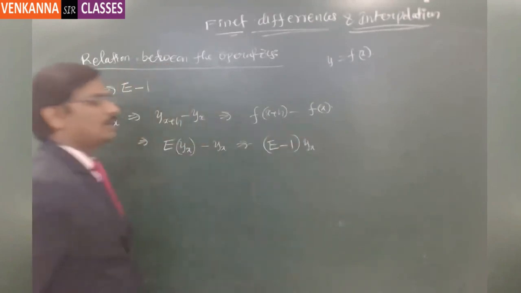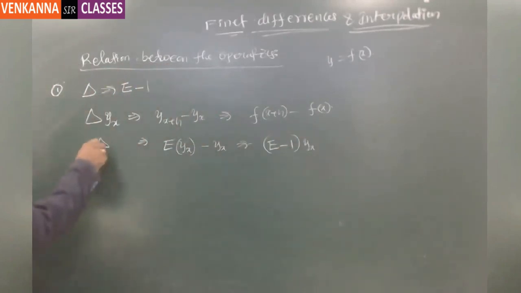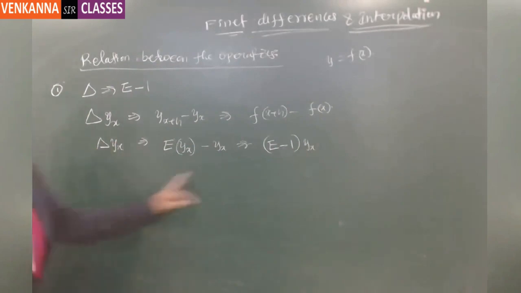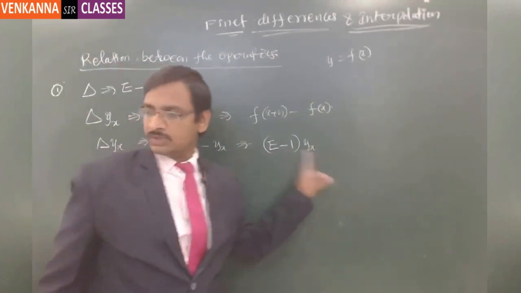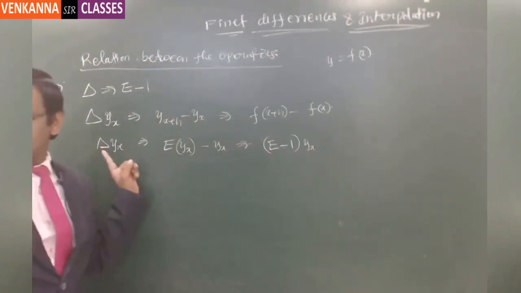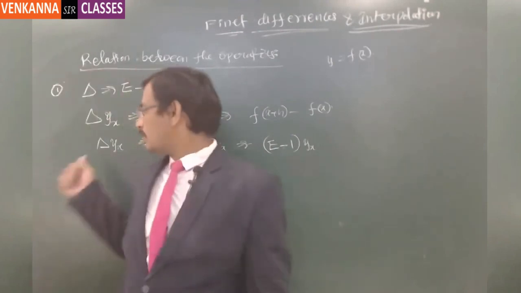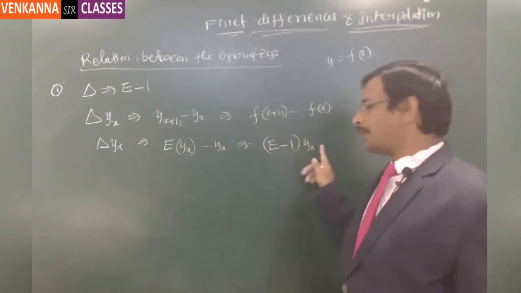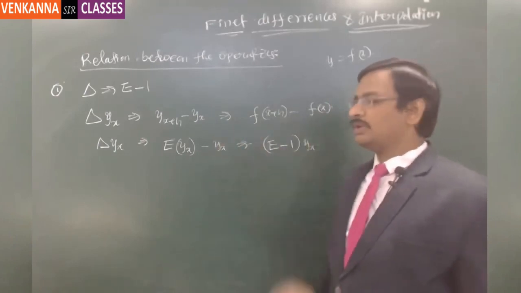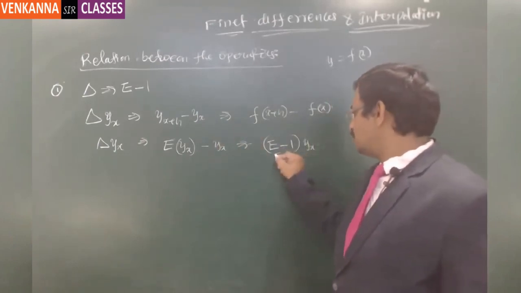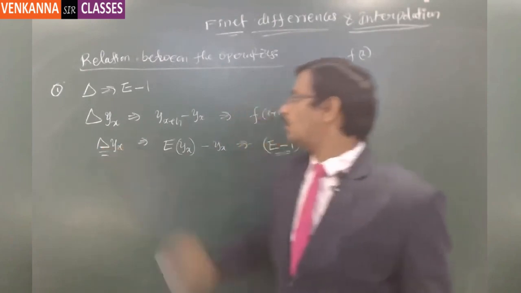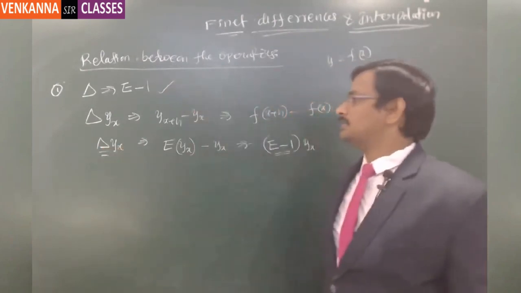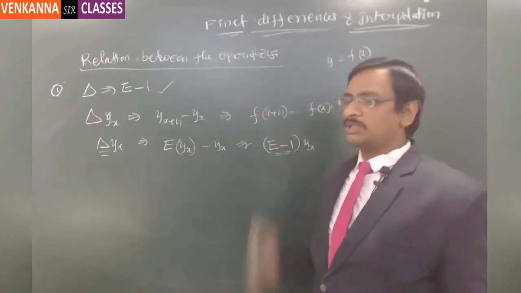So this is another operator. Now delta of yx is coming out to be E minus 1 of yx. So whether you operate a forward difference operator on yx, or if I operate the E minus 1 operator on yx, it's one and the same, which essentially means that this one and this one are one and the same, which will give this relation. So delta equal to E minus 1.